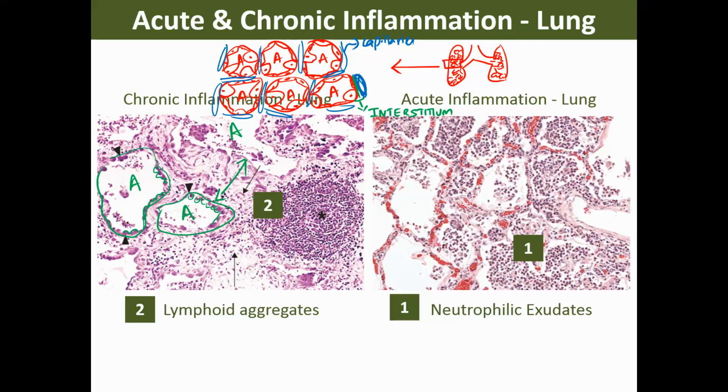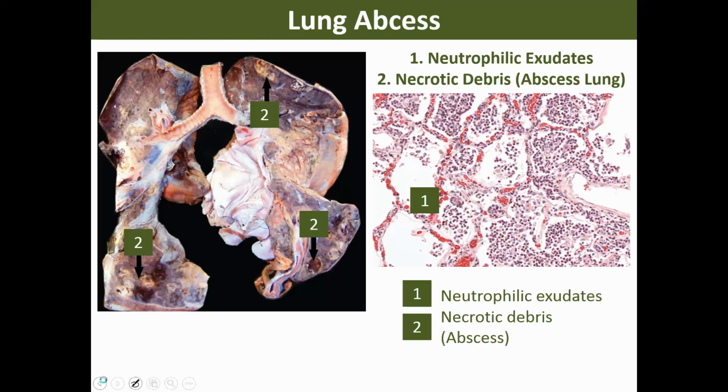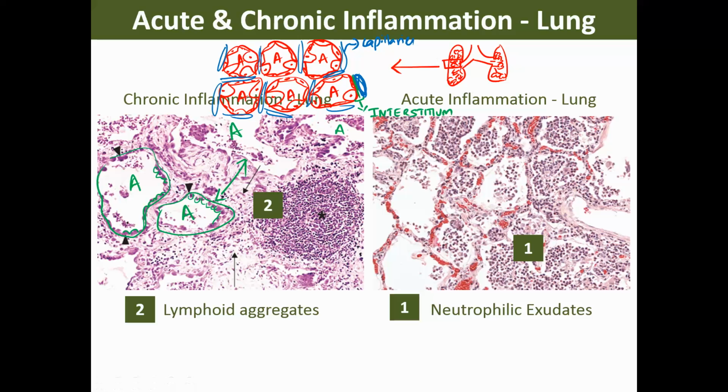So what is there in the interstitium? See, this is alveoli. What is there in between? There is fibrosis. This is fibrosis, and you are seeing lymphoid aggregates full of lymphocytes.